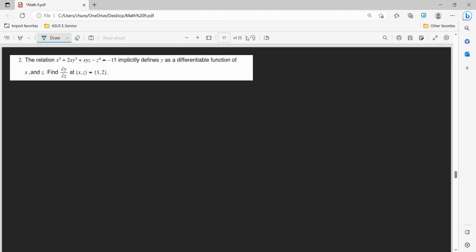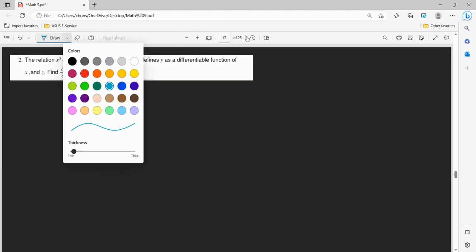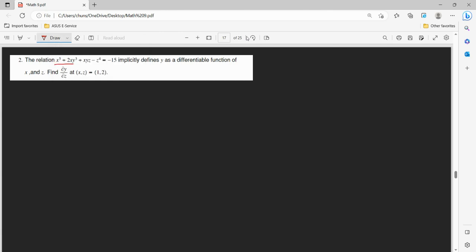Okay, second question. This relation implicitly defines this function here as a differentiable function of x and z, and we need to find dy dz at our x and z equal to 1, 2. So let's find our missing variables first.